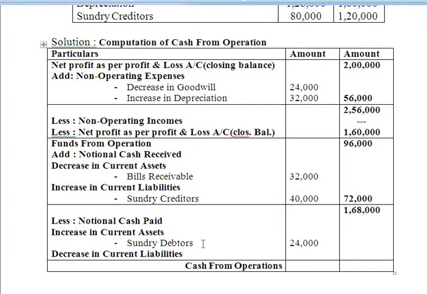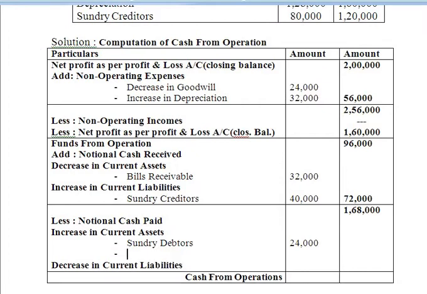So one current asset we have taken. One more current asset we have. After sundry debtors, we have what? Prepaid expenses. What is the amount of prepaid expenses here?